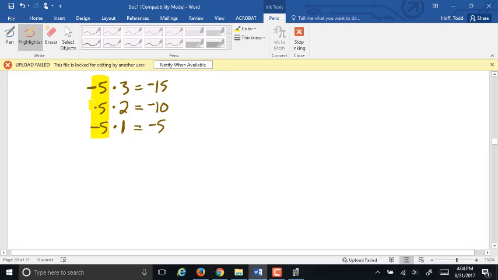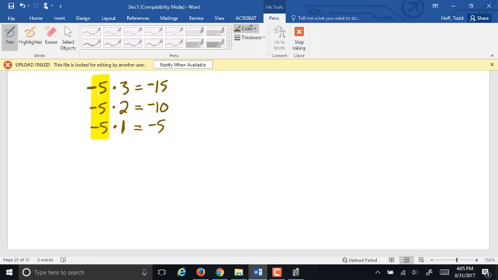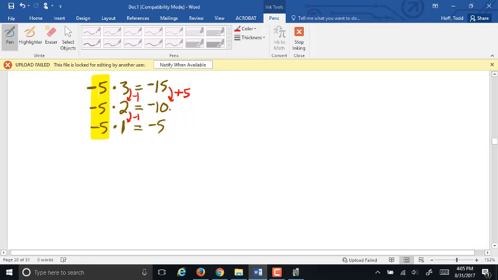Let's see if I can find the pattern here. So I'm starting with negative 5 each time. I'm reducing what I'm multiplying by 1 here. What happens to my answer, my result? It increases by 5, from negative 15 up to negative 10. I reduce this by 1. This goes up by 5, right?